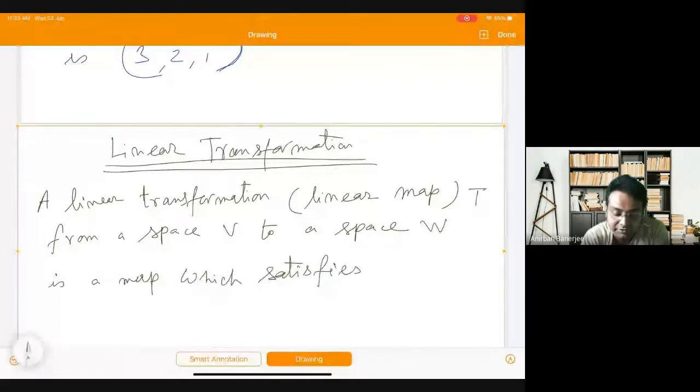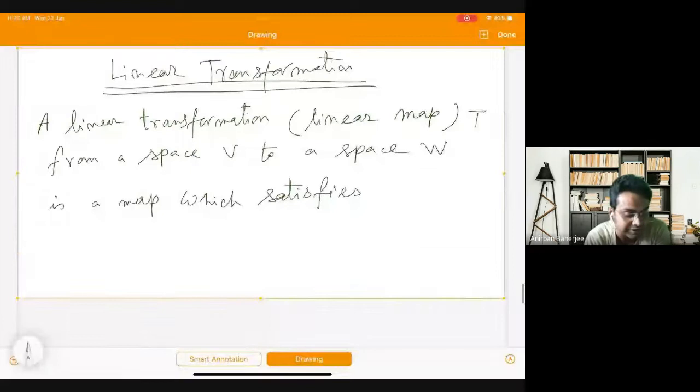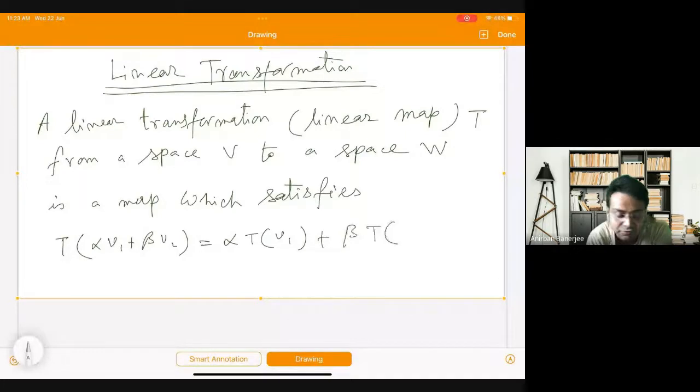the following equation or following property. What is that property? That if you take the linear combinations of any two vectors from V, let's say I take linear combination alpha V1 plus beta V2, then we'll have alpha T of V1 plus beta T of V2.